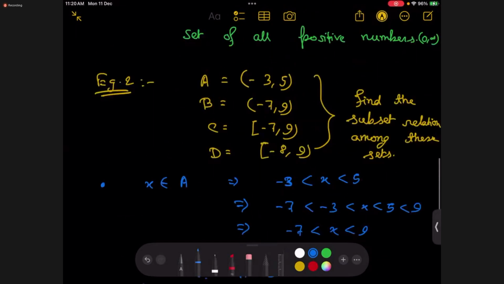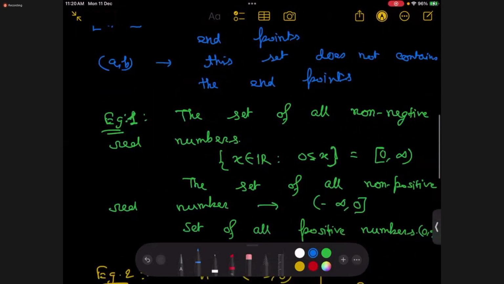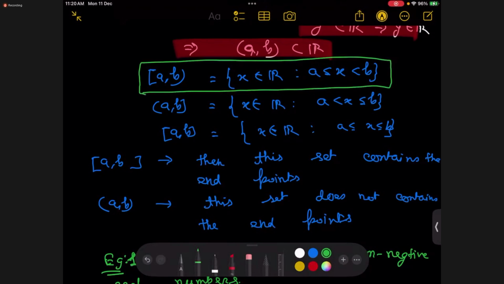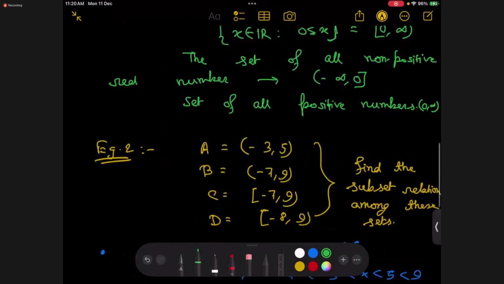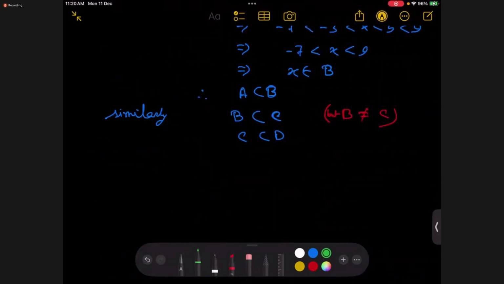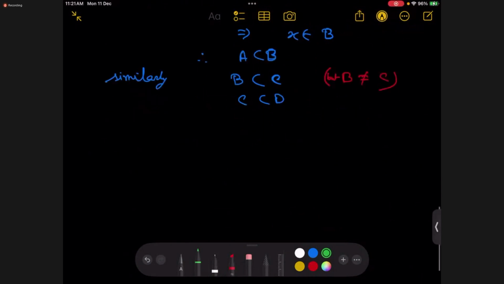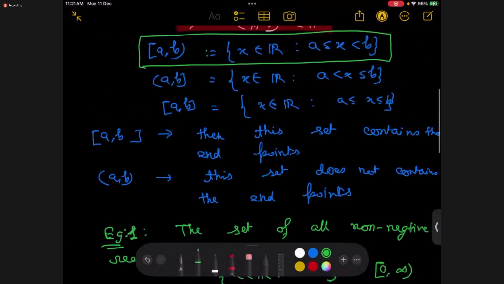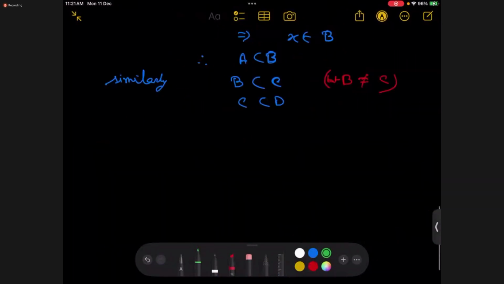So we have already seen how we can write a set like this. Note this thing first. Then we can write an interval in this form. What is the difference between an interval and a singleton set?